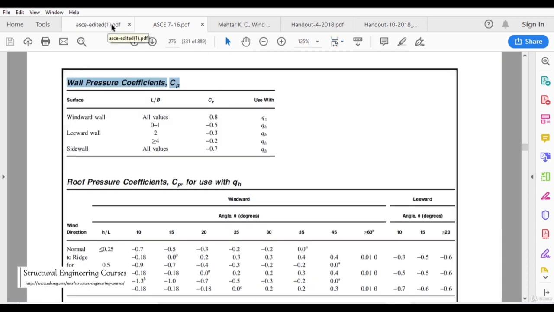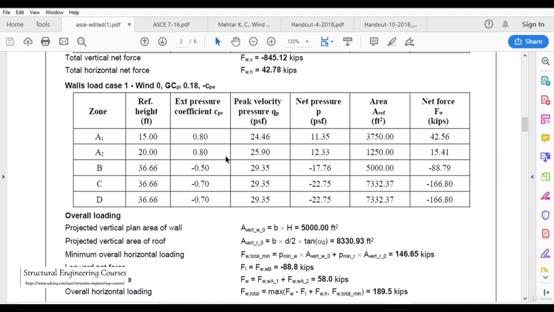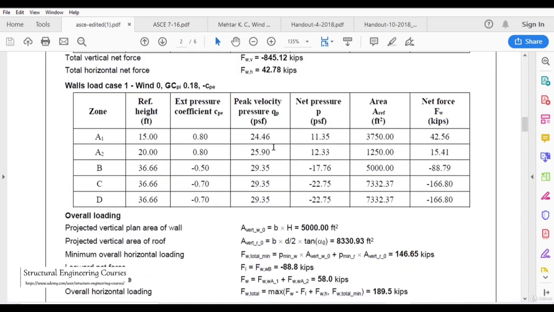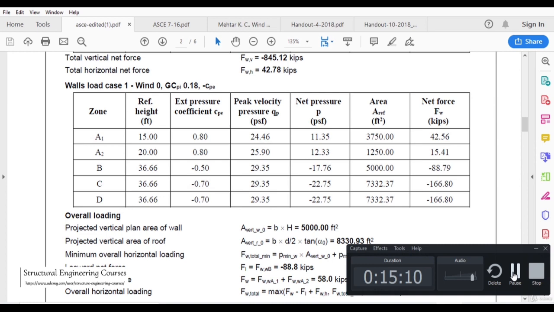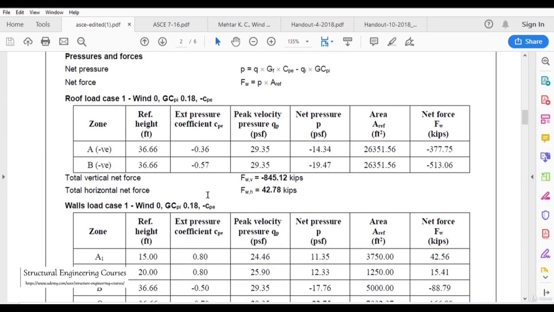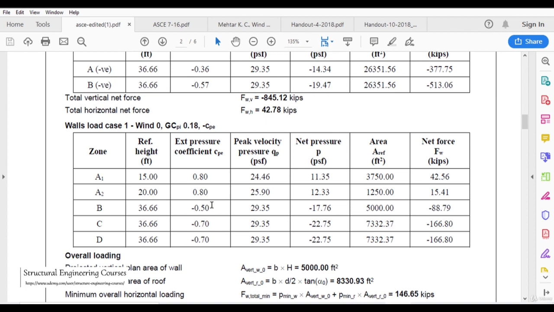So for this B face, this is the leeward face.